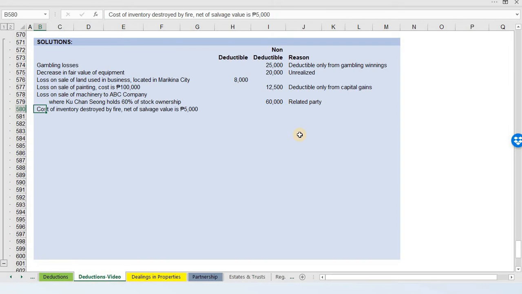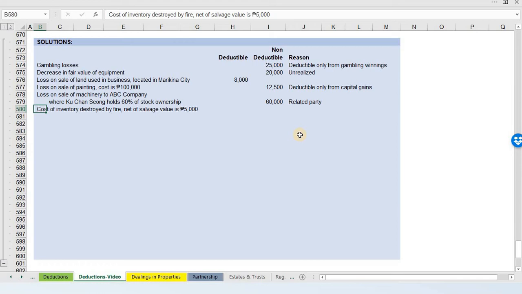Then next is the cost of inventory destroyed by fire. There is a salvage value of 5,000 pesos. When we say salvage value, the inventory was still sold even if it was partly destroyed, and the amount of proceeds from this sale is 5,000 pesos. And the cost of inventory is 19,000 pesos.